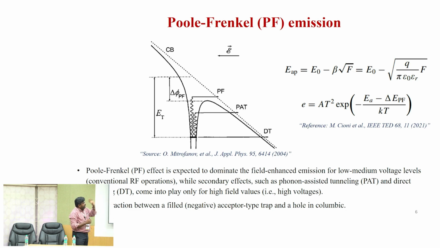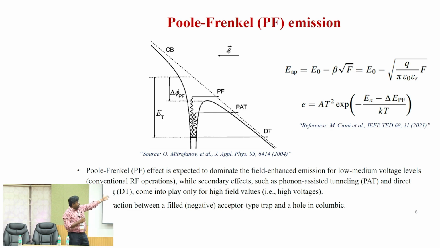So your actual trap activation energy is E naught, but you are always estimating the apparent activation energy, which is reduced to E naught minus beta times the square root of the electric field. Then there are some other tunneling mechanisms, but generally they occur at very high fields. Mostly these devices are operated in conventional RF operations, so the fields are not very high. If the fields are very high, there may be a possibility of phonon assisted tunneling.